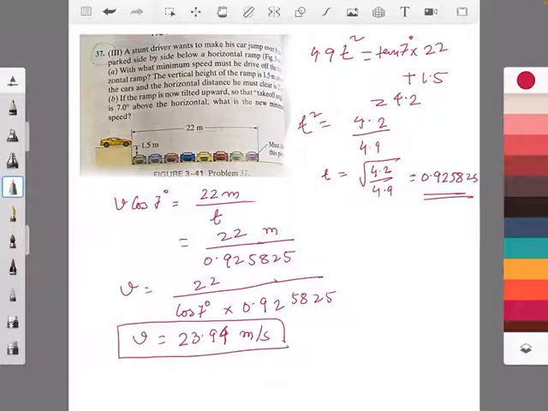So for leaving the ramp at 7 degrees with the horizontal, the car needs a velocity of 23.94 meters per second to clear the 22 meter distance.